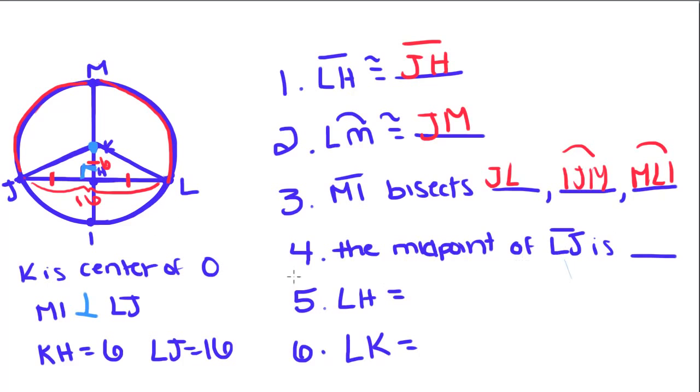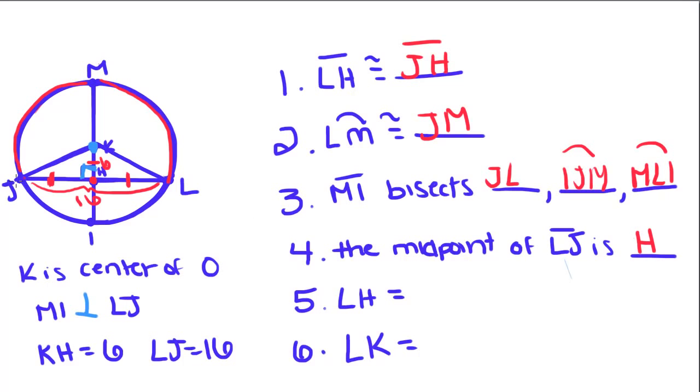So the midpoint of LJ, which is this line right here, is what? Well, if you remember, the midpoint of a line is the point that divides that segment into two equal parts. Well, right here I have two equal parts, so that must mean that H is the midpoint of segment LJ.